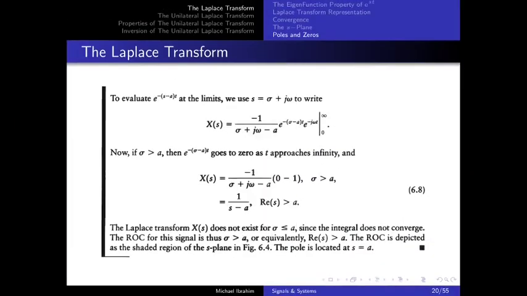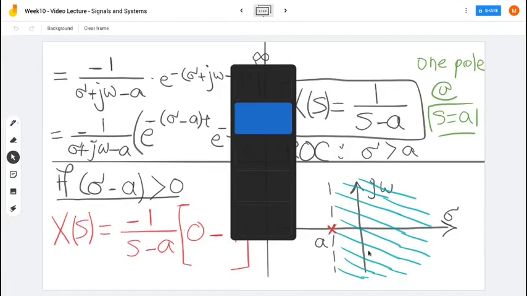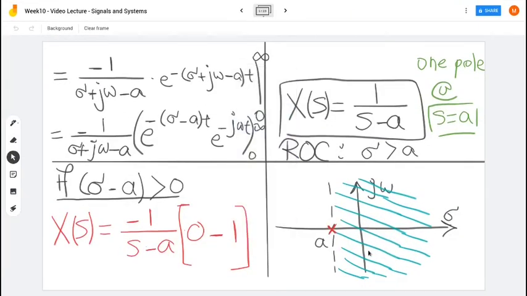Okay, so moving back to our example over here, as you can see, we have a pole located at s equal to a. And again, there is a very important note. The region of convergence starts and ends at poles. So the region of convergence over here starts at this pole. And since there is no other pole, it ends at infinity.